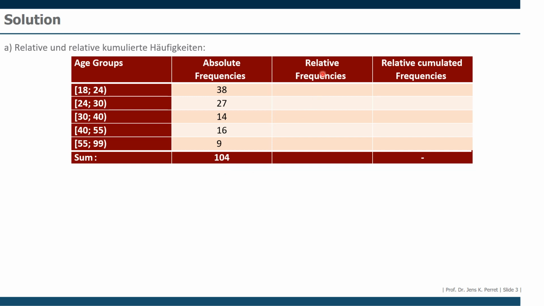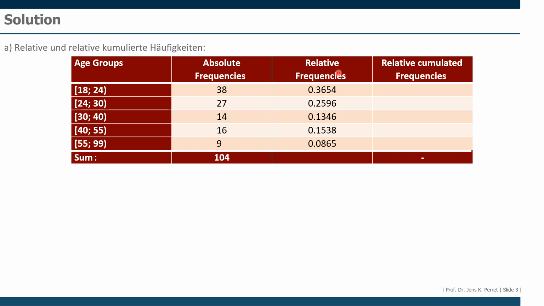The relative frequencies can easily be calculated by simply dividing the respective absolute frequency by the sum of all absolute frequencies, so by the number of observations. So for the first one, we have 38 by 104, then we have 27 by 104, and so forth.